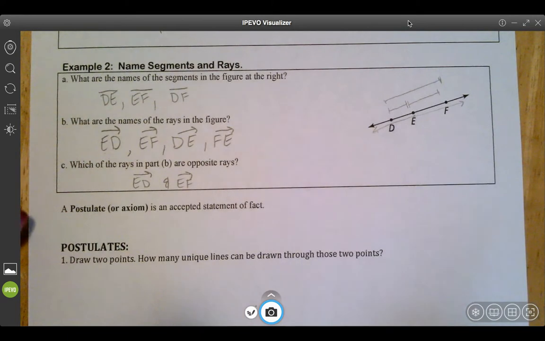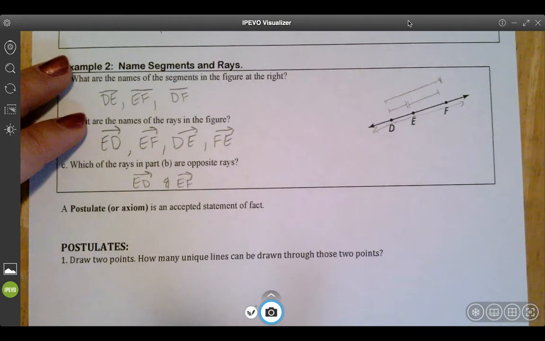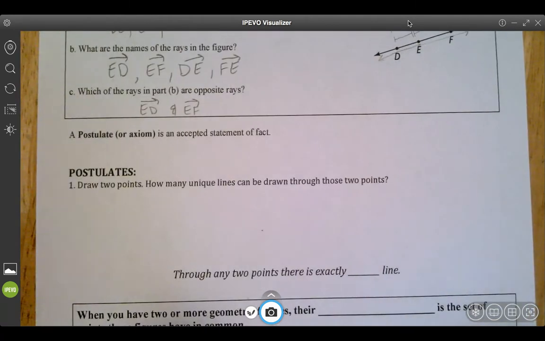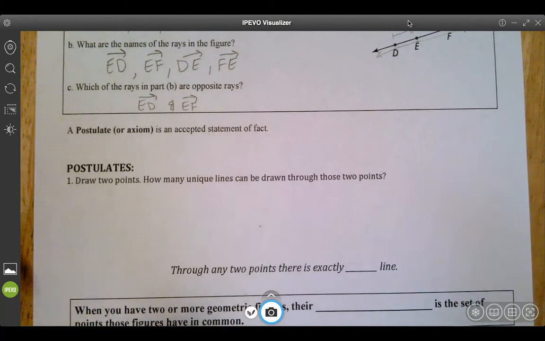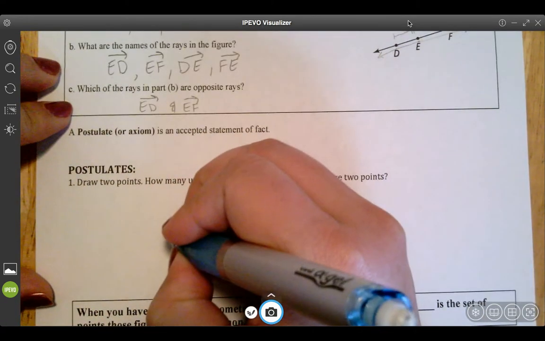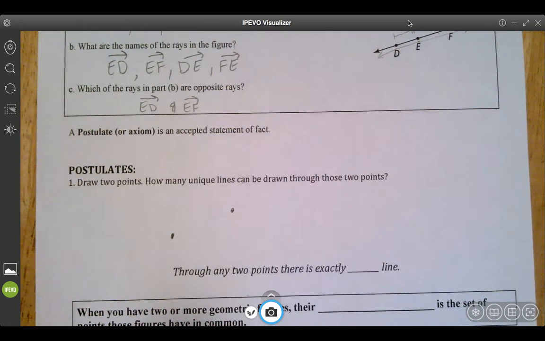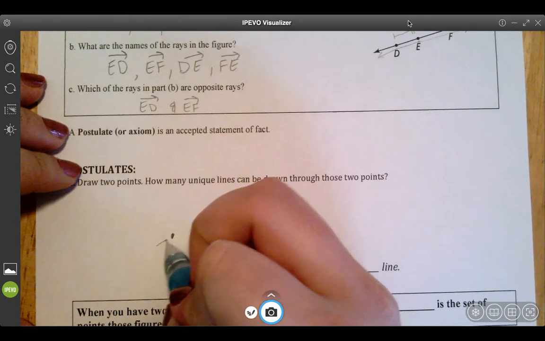Okay. A postulate, or also called an axiom, is an accepted statement of fact. So this is a statement that we know will always be true. And we want to make a postulate. So we want to draw 2 points and say how many lines can be drawn through those 2 points. So here's 2 points. How many lines can I draw through those 2 points? Well, a line is defined by 2 points.